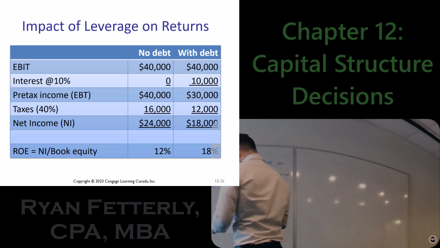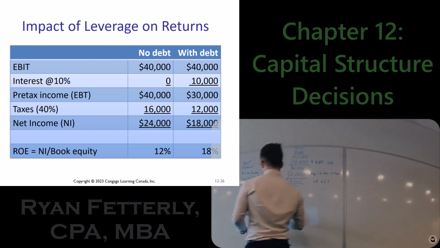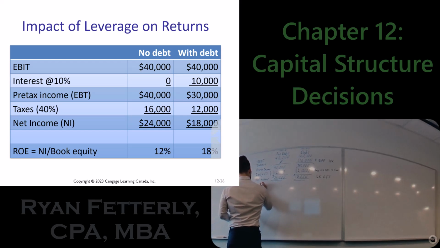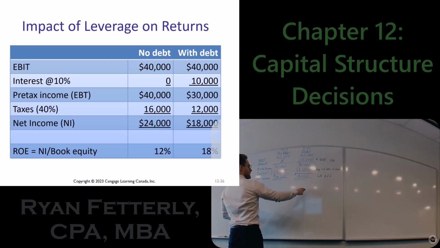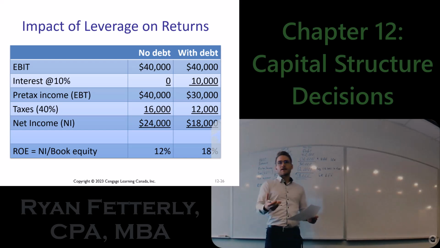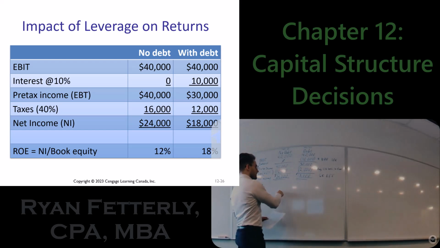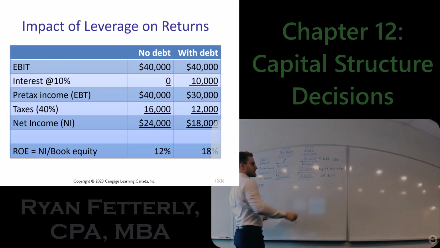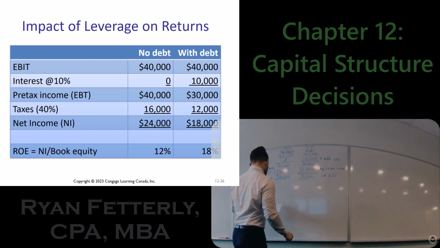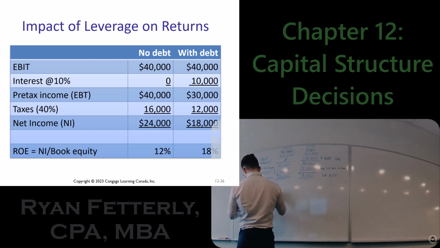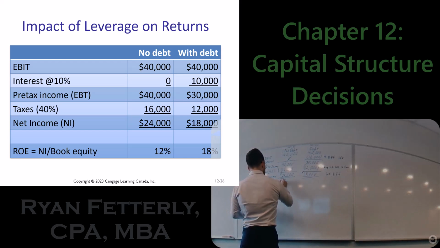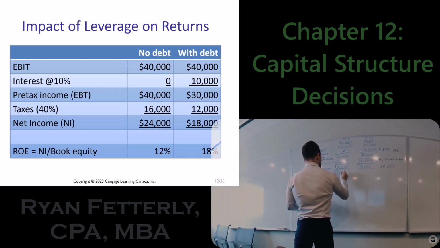So in this case, when we calculate what a return on equity is, you have to remember that this company only has $100,000 in equity versus this company with $200,000 in equity. So the bottom line net income is split across less shareholders in this case. So our return on equity for this company is $24,000, right? And it's divided by $200,000 in equity, right?